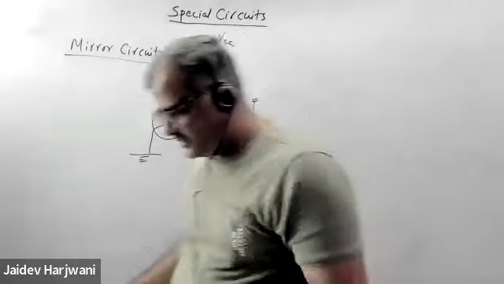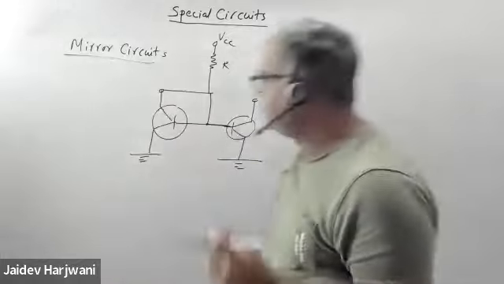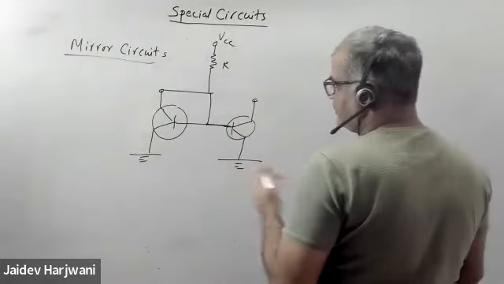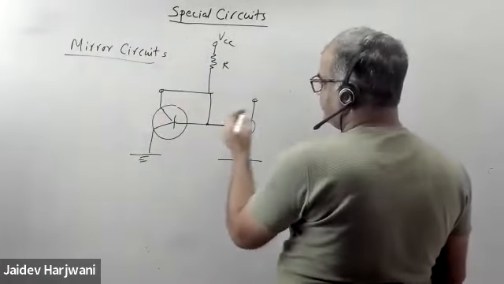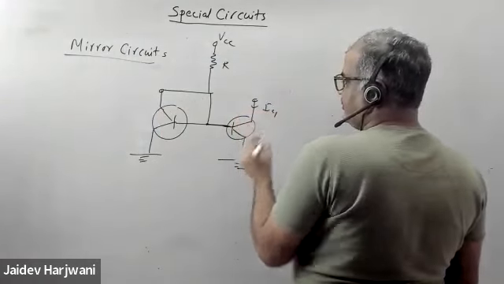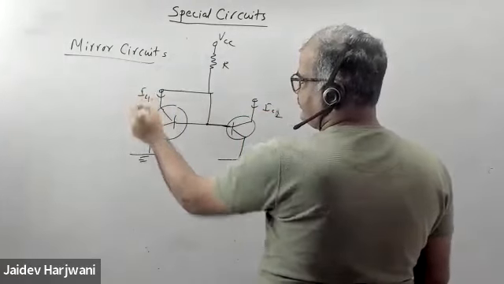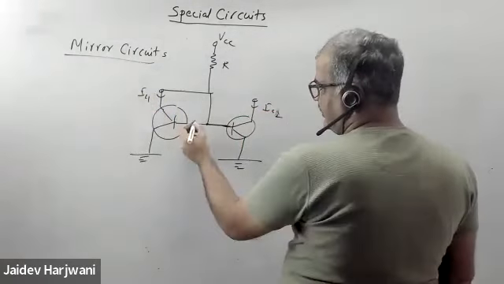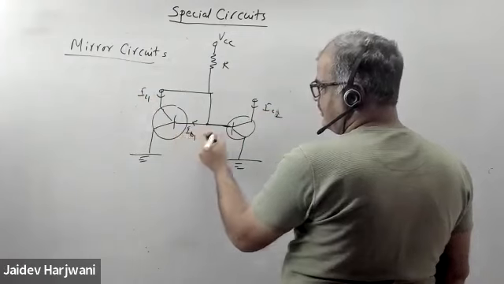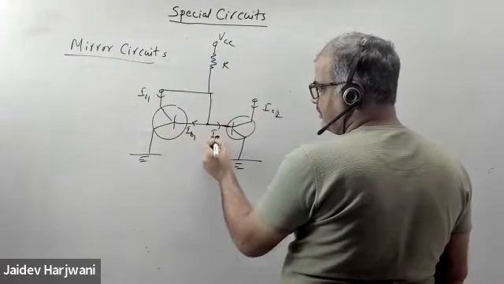Now these kind of circuits are called mirror circuits. Okay, why are these called mirror circuits? Because in both the transistors, the same current flows. So let's say this is IC2, if I say this is IC1. And if I call this IB1, and if I call this IB2.